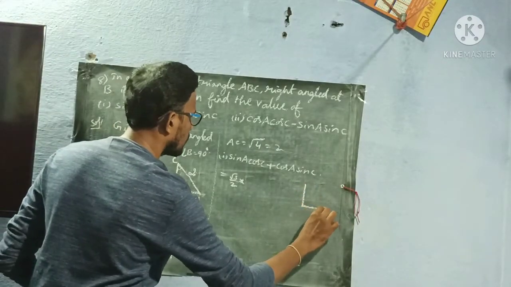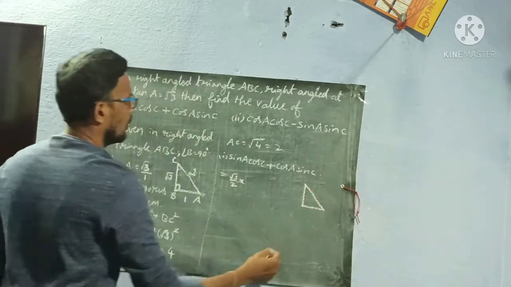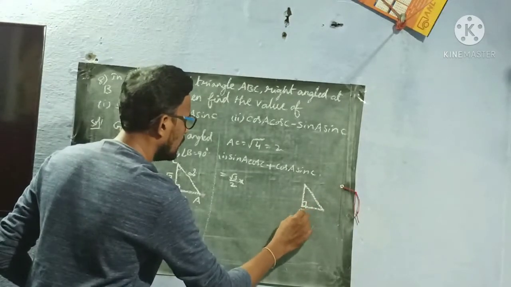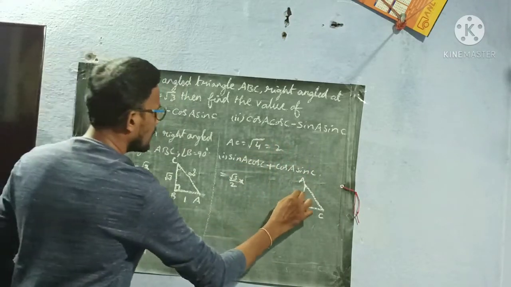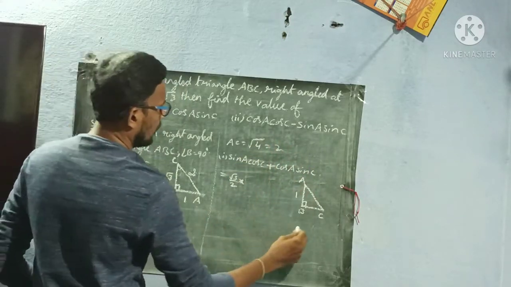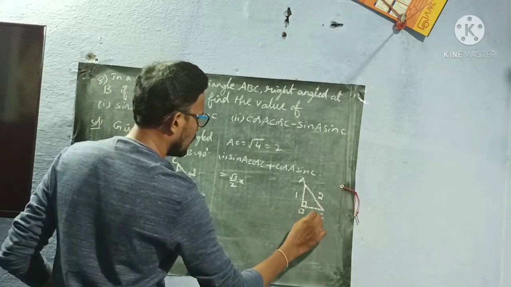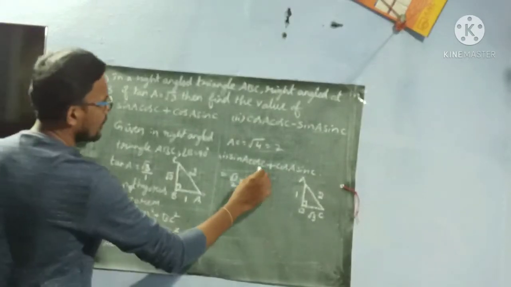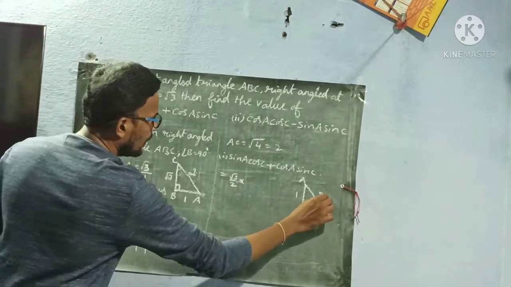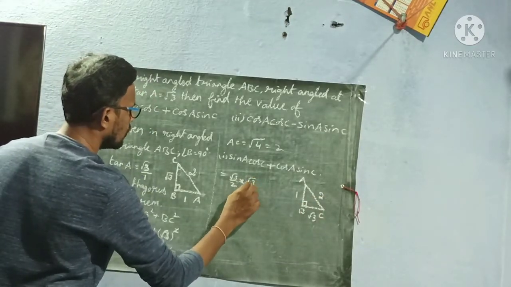Here this becomes B, this becomes C and this becomes A. So now AB is 1 here, AC is 2 and BC is root 3. So now with respect to C, if I take cos C value, adjacent side by hypotenuse, so here also root 3 by 2.